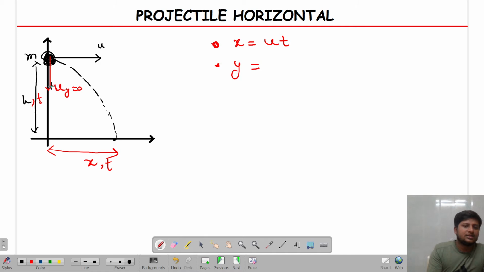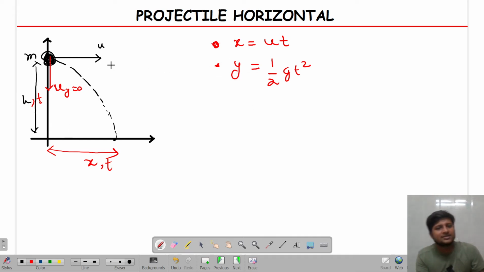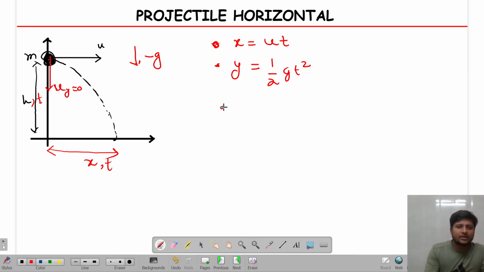You have only 0 initial velocity, so y is equal to what? Half of g t square. Got it or not? Now, there is no acceleration along the horizontal, and there is an acceleration along the vertical, that is equal to minus g. But displacement is also downward, so the component of negative is getting cancelled. So here what you get as an equation for the projectile, y is equal to half of g into x square by u square.